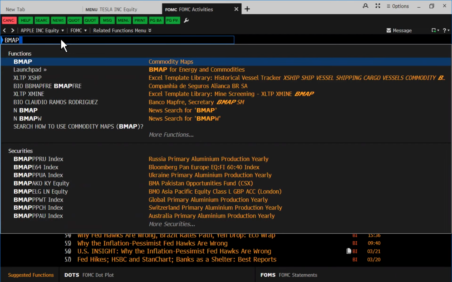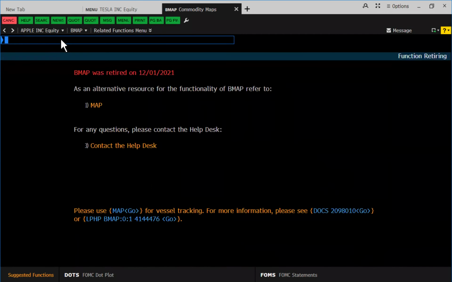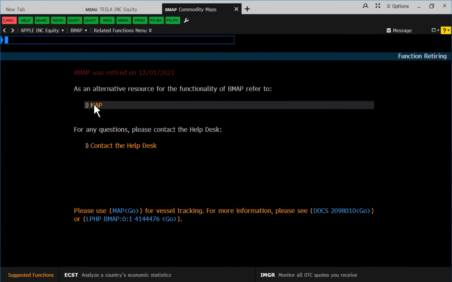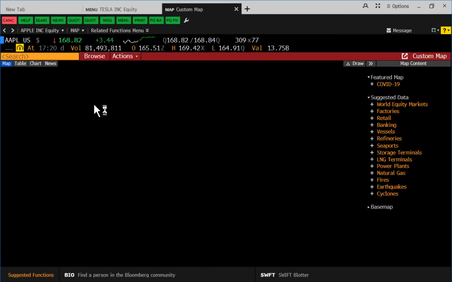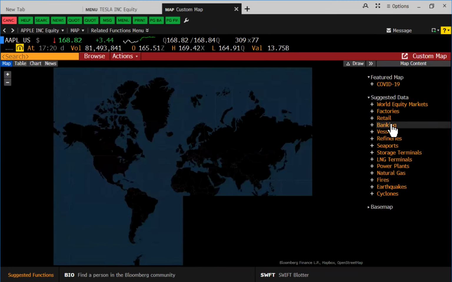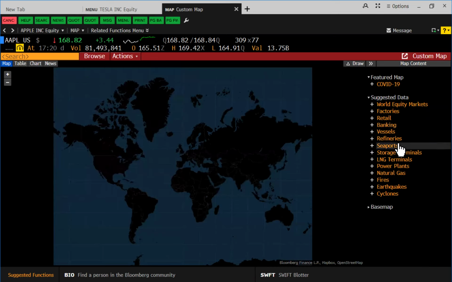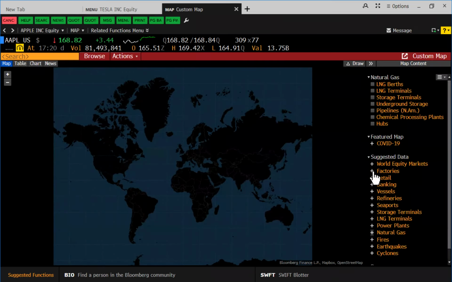Bloomberg has some very interesting data, especially about the map. They will use a map to show all of those commercial activities around the world. Let me just look at natural gas pipeline.